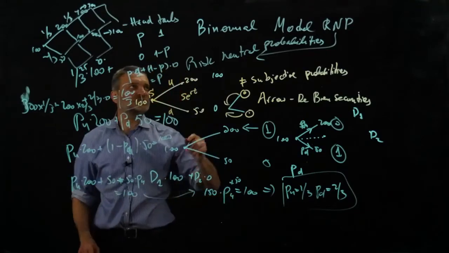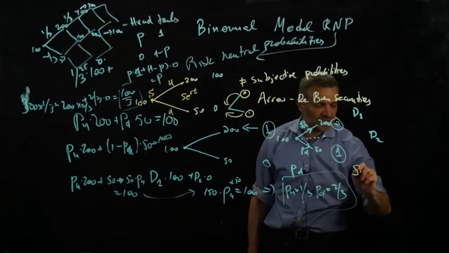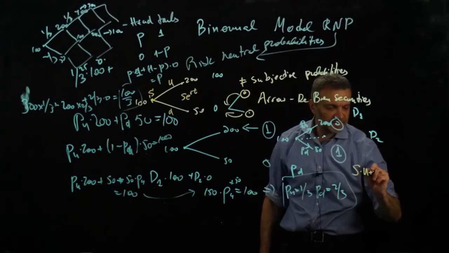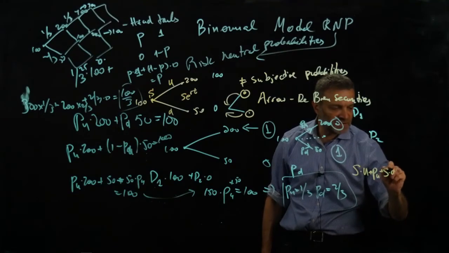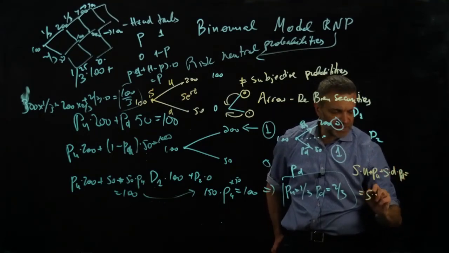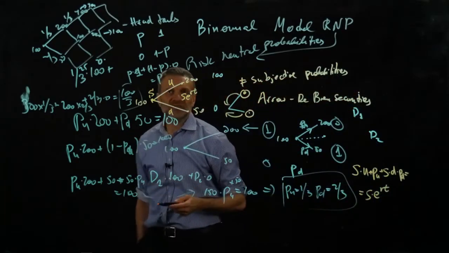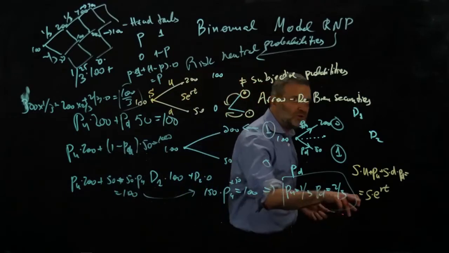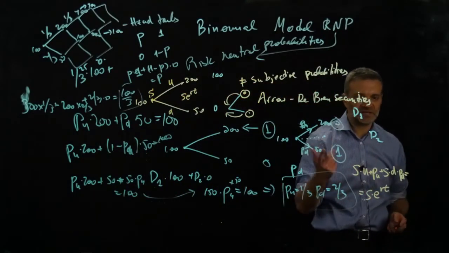Then the equation is going to be like this: S times going up times PU plus S times going down times PD equals S times e to the power of RT. Why is it RT? Because you want to include interest rates, and the future price, if you have interest rates, is exactly this.